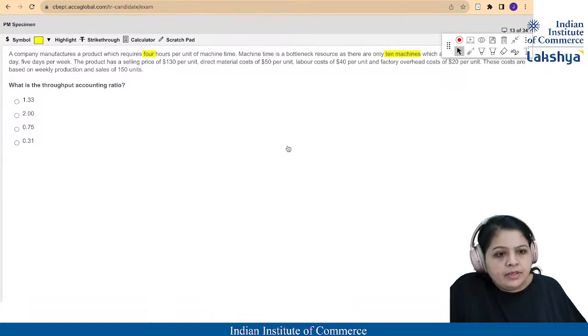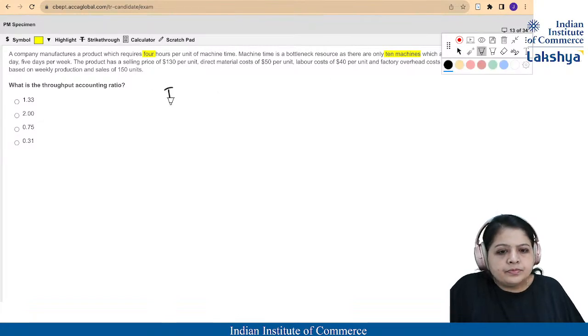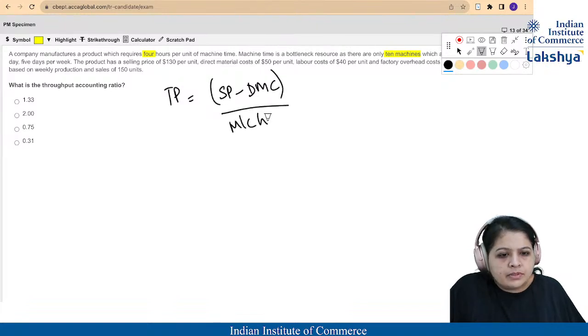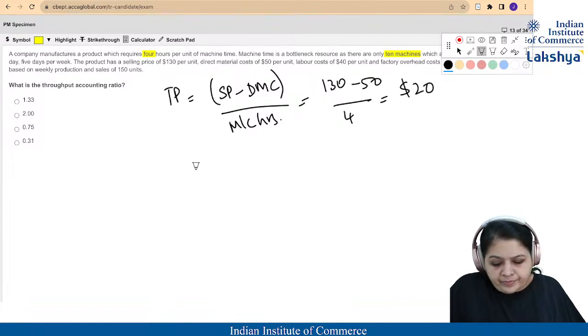Here we have the formula: throughput is equal to selling price minus direct material cost, divided by the bottleneck or machine hours. So I'm going to do 130 minus 50 divided by 4, giving me a $20 value.